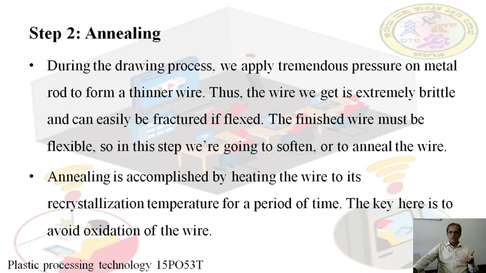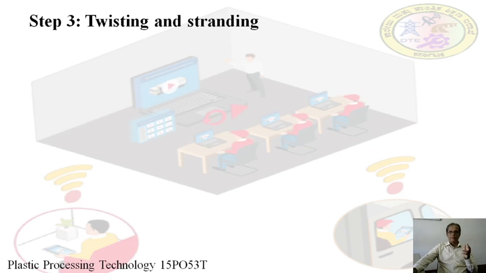The finished wire must be flexible, so in this step we soften or anneal the wire. Annealing is accomplished by heating the wire to its recrystallization temperature for a period of time. The key here is to avoid oxidation of the wire.